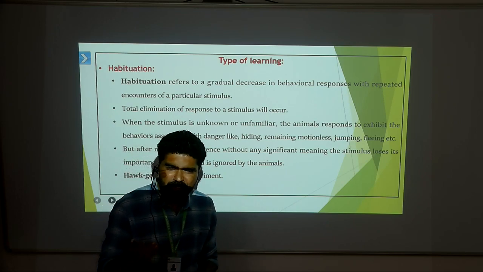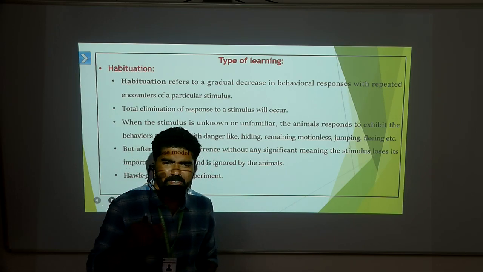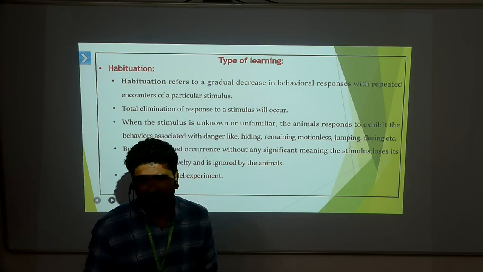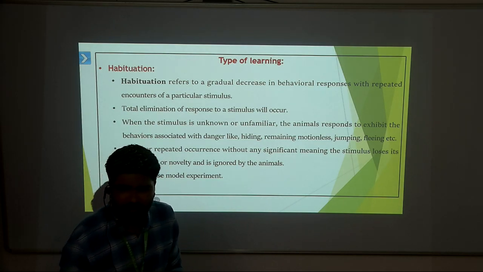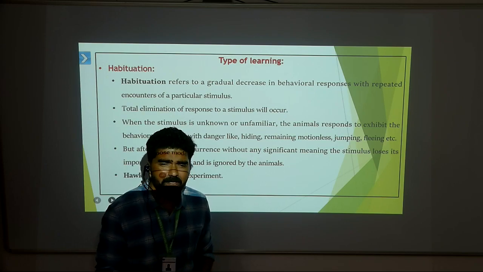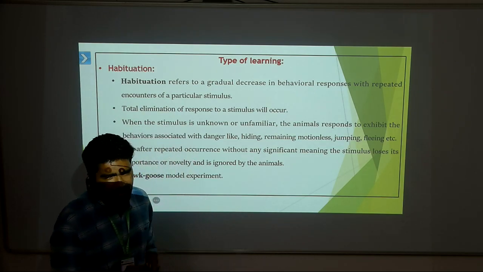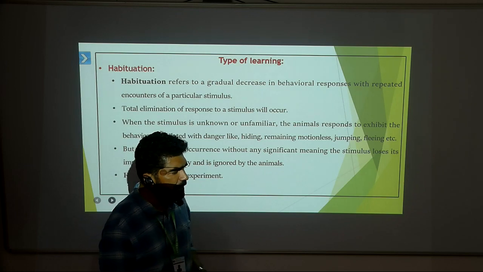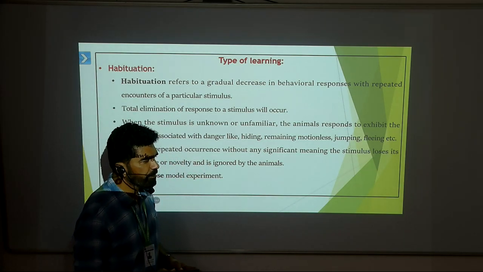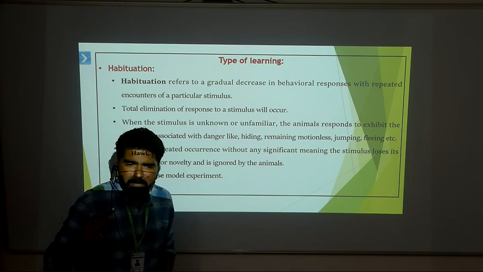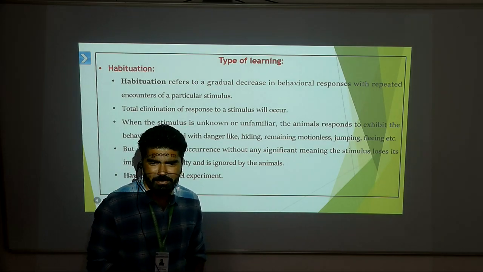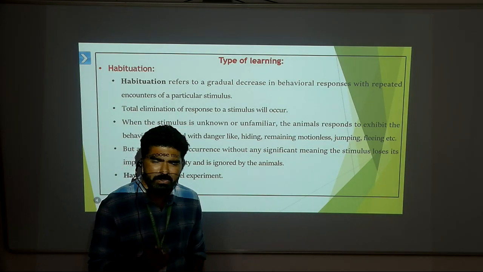Suppose this situation arises continuously in front of that organism, then the response to that stimulus decreases. There is a gradual decrease in the behavioral response with repeated encounters of the stimulus, and after a time they totally ignore that situation or stimulus.